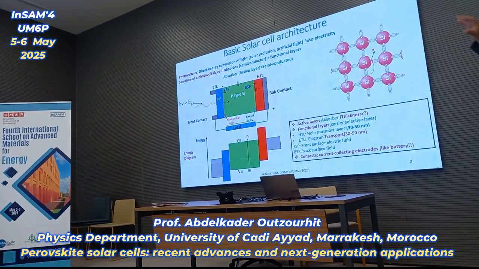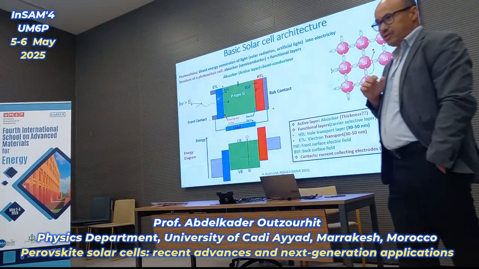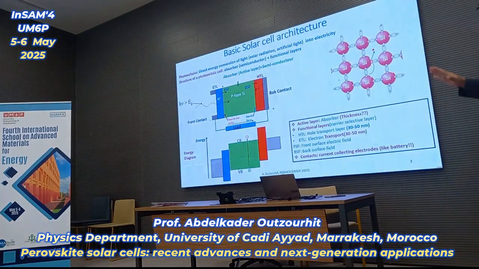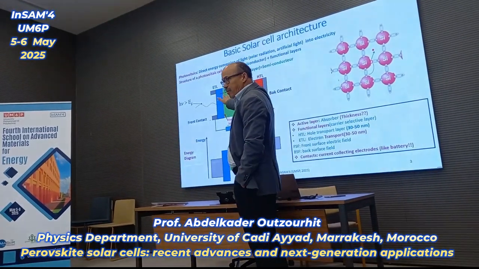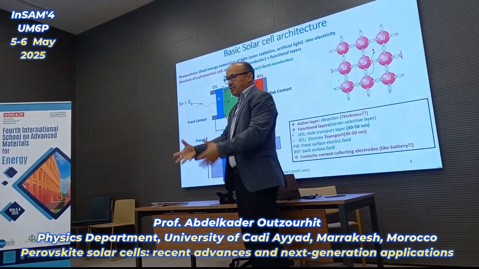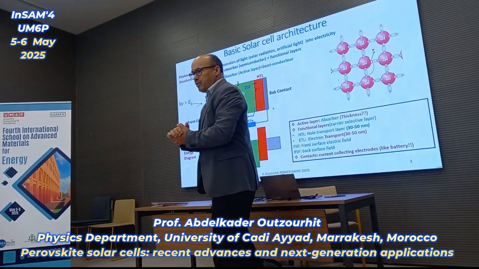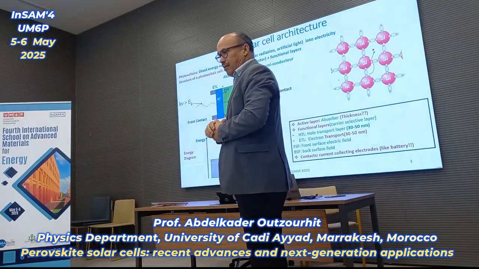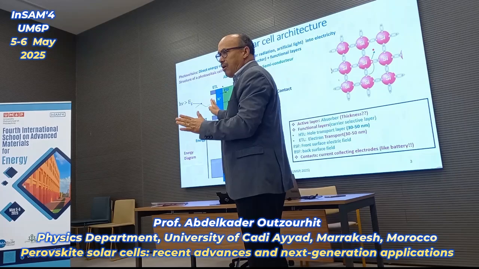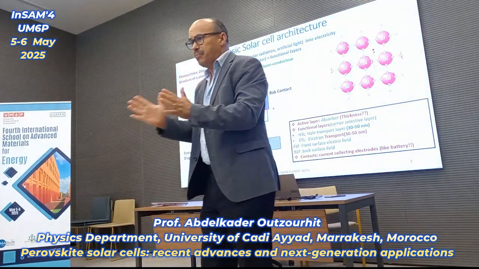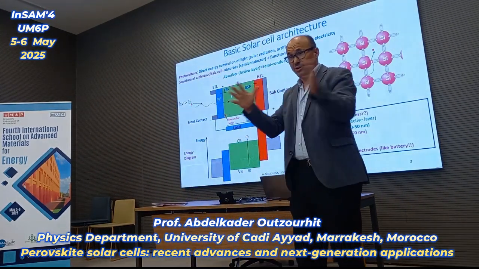I start with this basic structure of a solar cell, which is very simple. It is made of what we call an absorber. That's the material that absorbs the light and converts it into free electrons and holes. But the absorber alone won't work, because you need to separate the charges you create and collect them.